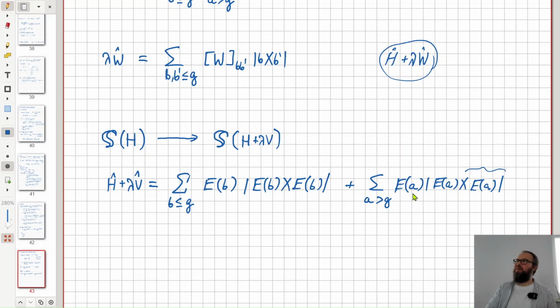This would be the eigenvalue, the energy, corresponding to this eigenvector.